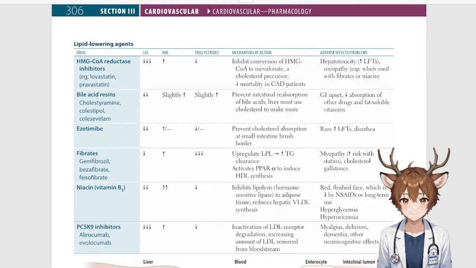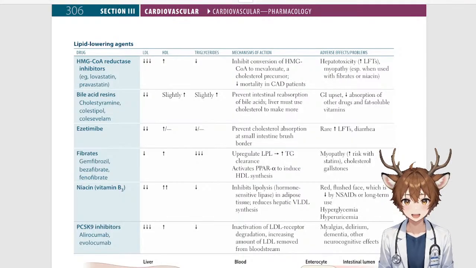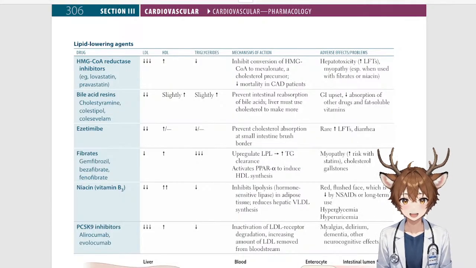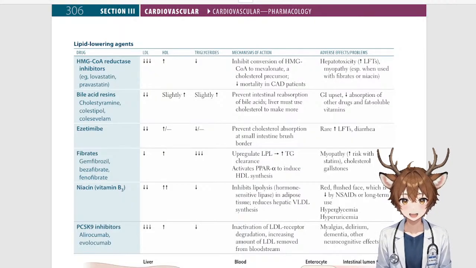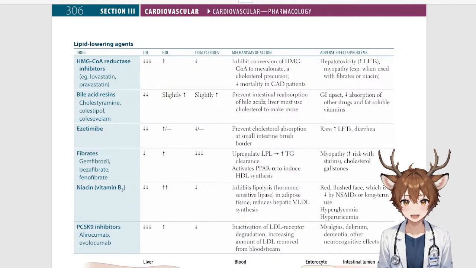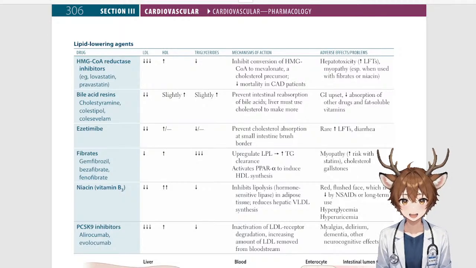What about niacin? Niacin causes a meaningful decrease in LDL, a meaningful increase in HDL, and a decrease in triglycerides. The mechanism is it inhibits lipolysis, via hormone-sensitive lipase in adipose tissue, reducing hepatic VLDL synthesis. Remember that VLDL is very low-density lipoprotein.